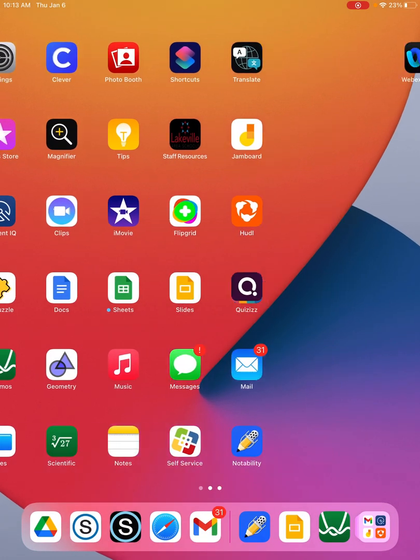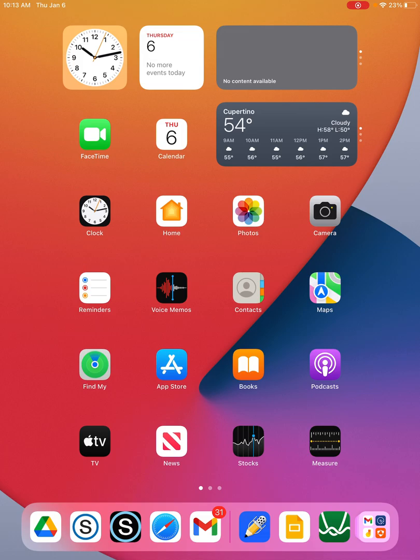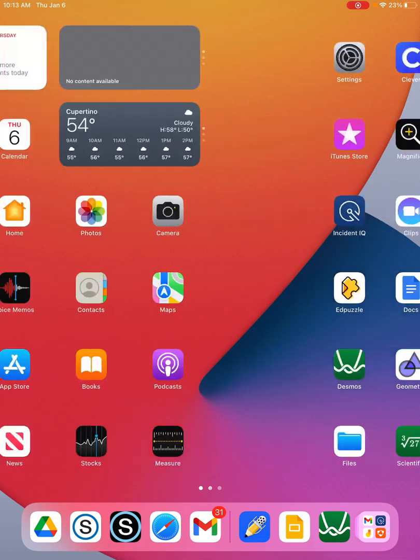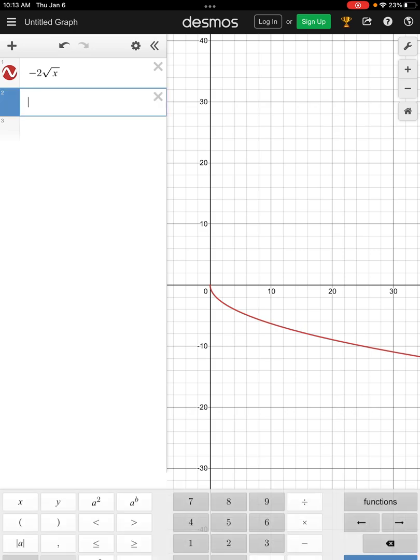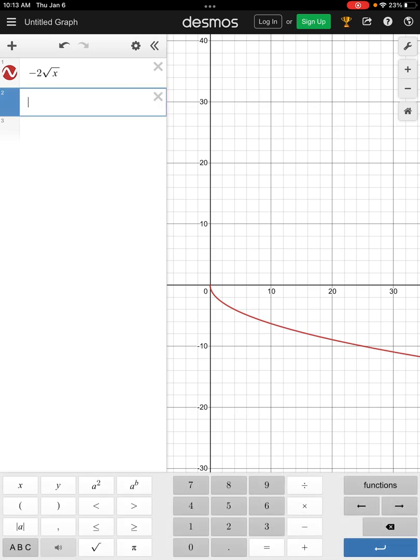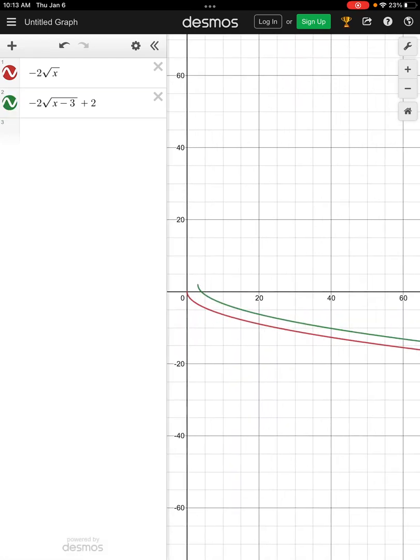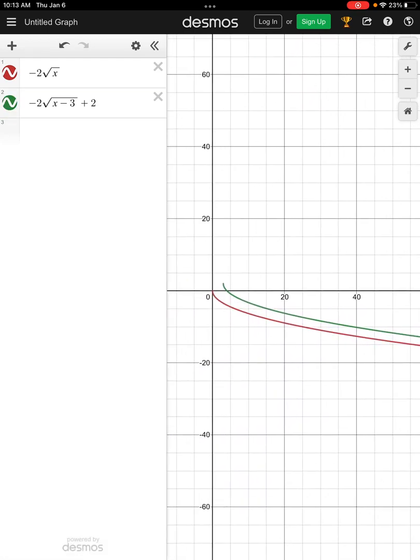So I would take this graph that I had, and if you want to plug in a table of values, you can do that. Where's Desmos? There it is. If I said I want to do negative 2 square root of x minus 3, and then my final step is going to be to add 2, that's what my new graph is going to look like.